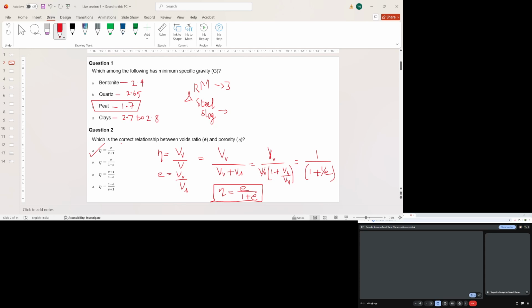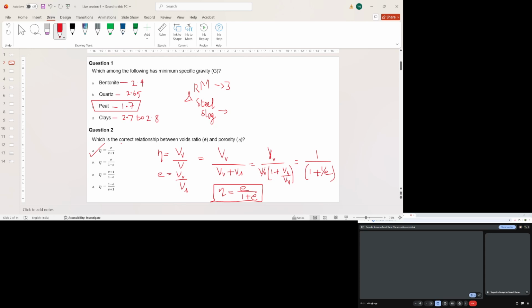Why? If you think about this reason, you have to come to the basic definition. So why is voids ratio used? Initially, for example, in rocks and everything, porosity is the term which is widely used.